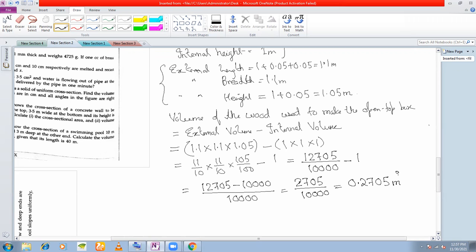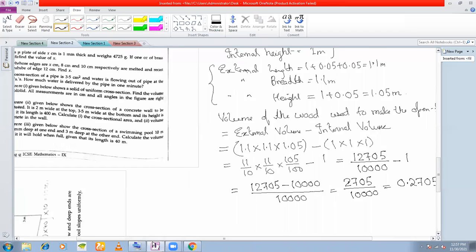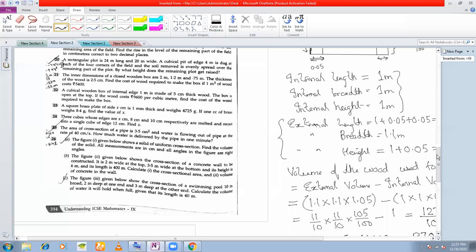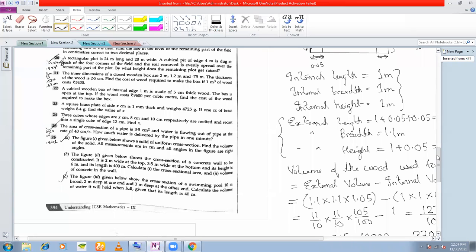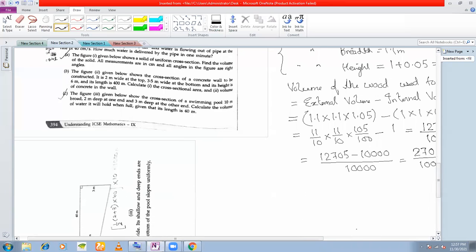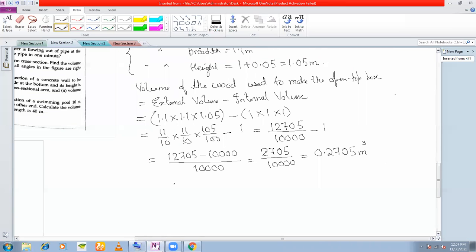Unit is meter cube. Now if you see in the question, what is the cost of the wood here? 9,600 per cubic meter. That means 1 meter cube of wood costs 9,600 rupees. How much wood are we using to make the box?